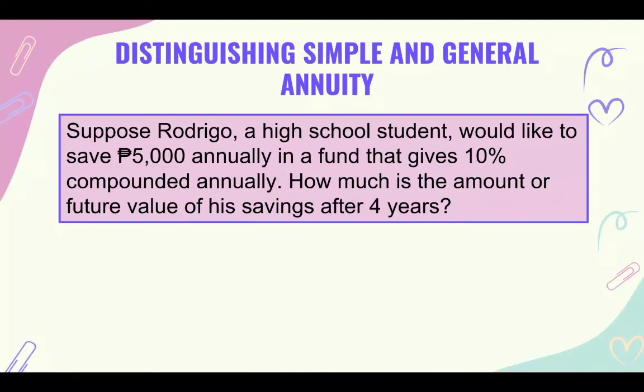Let us now distinguish the simple and general annuity from the given problems below. Suppose Rodrigo, a high school student, would like to save 5,000 annually in a fund that gives 10% compounded annually. How much is the amount or future value of his savings after 4 years? So we will identify the payment interval and the interest period.